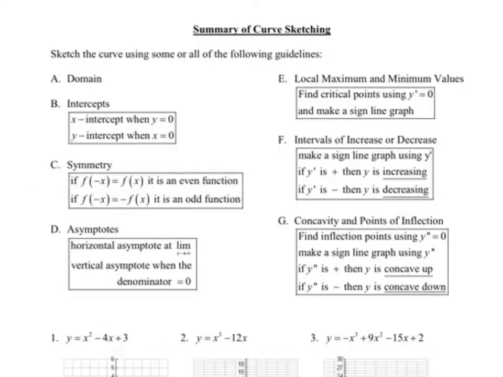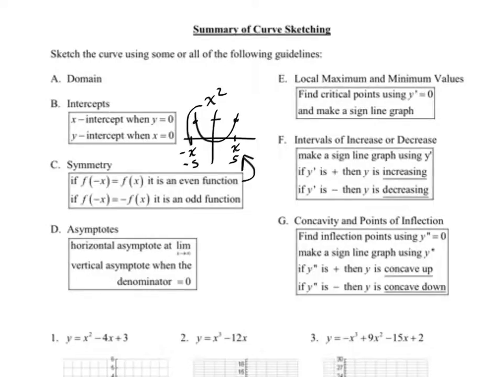Symmetry. There are 2 different forms of symmetry. There's when the function is even, and what you do is you plug in a negative x into the function and see if you end up with the same function. If you do, that function is even. Now why does that help? Well, let's take x squared for example. Here's x squared. If I chose this x and this x over here, like 5 and negative 5, they both get the same y value.